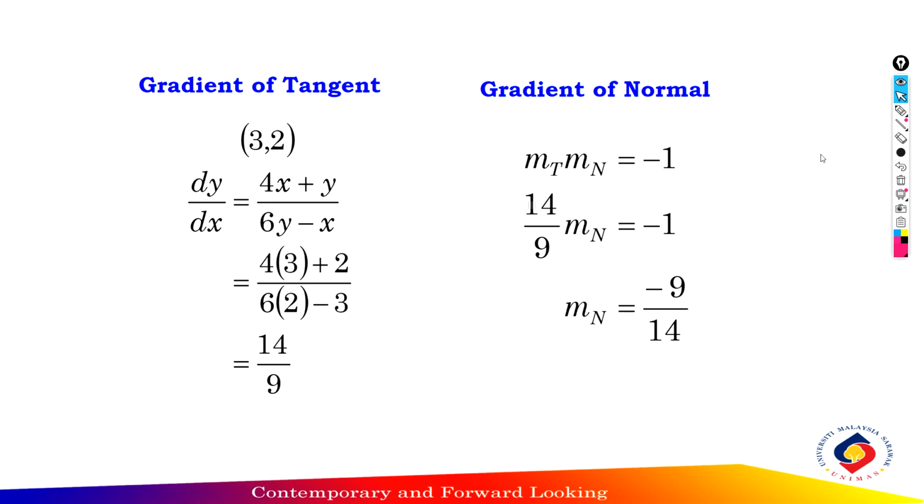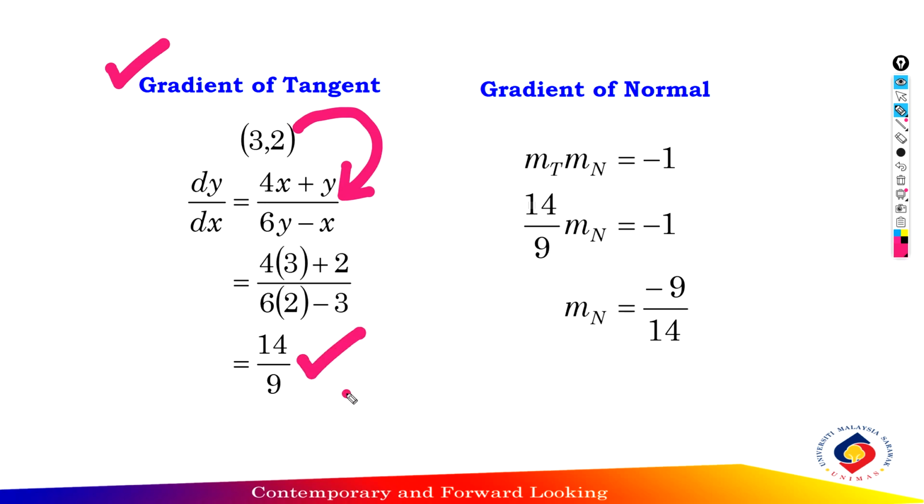Okay, and then you find the gradient of the tangent. When x equals 3 and y equals 2, you substitute into the first derivative, and dy over dx here equals 14 over 9.